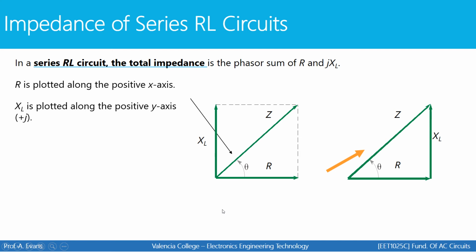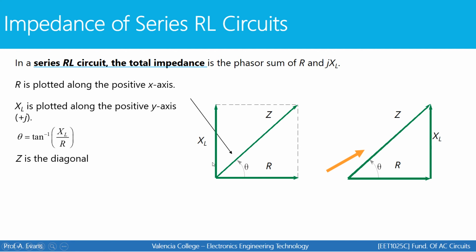With an inductive circuit, we're going to draw it above the x-axis because we have a positive j term. And then your total impedance is the diagonal between these two vectors. And the angle between the origin and your impedance is determined by the inverse tangent of XL over R.